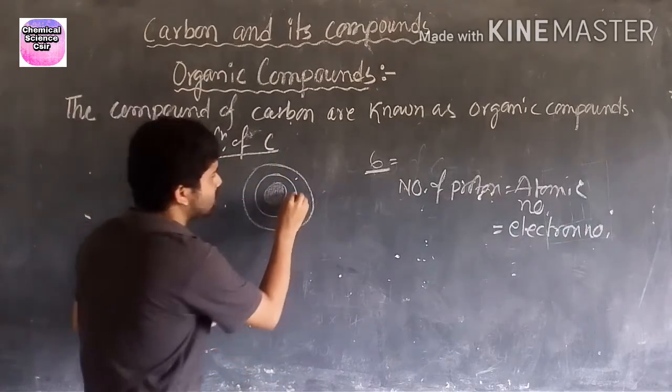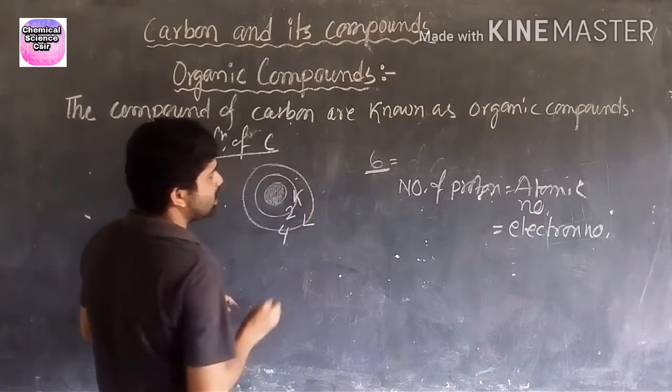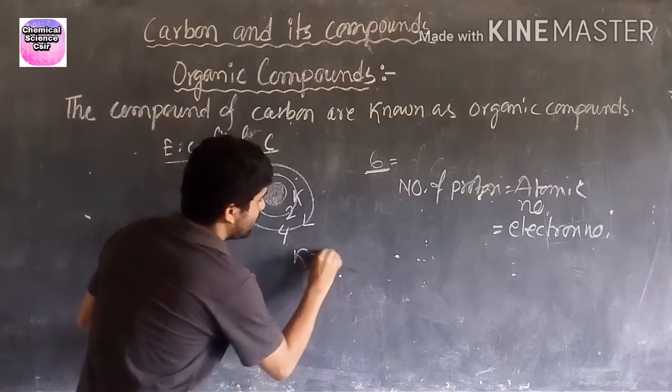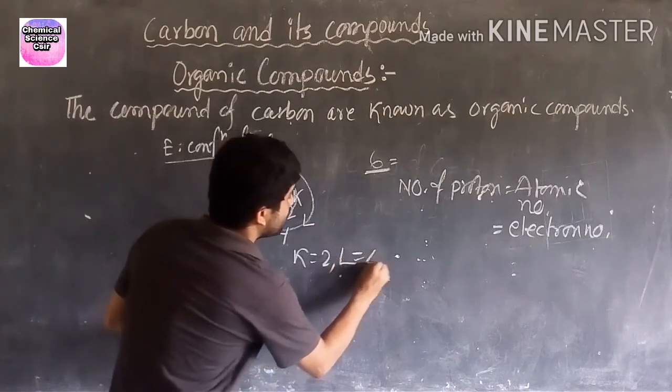In the K shell, this one is called K, this one is L. In the K shell, how many electrons? 2. And in the L shell, how many electrons? 4.